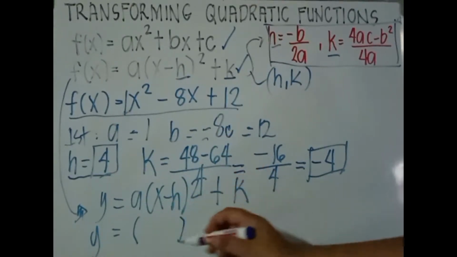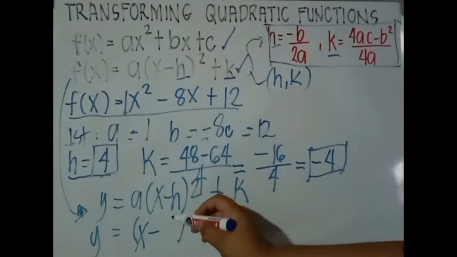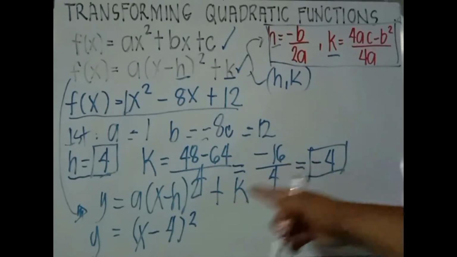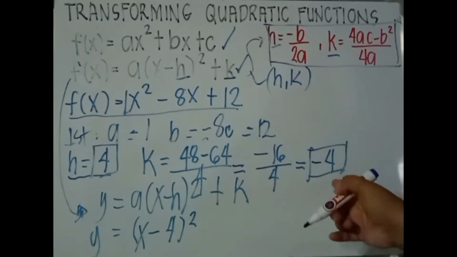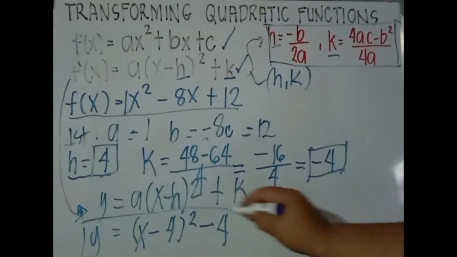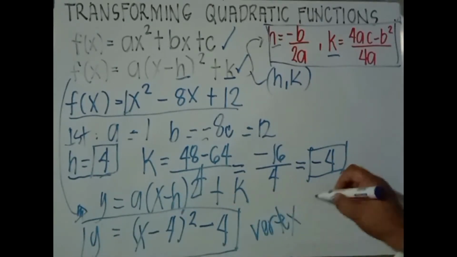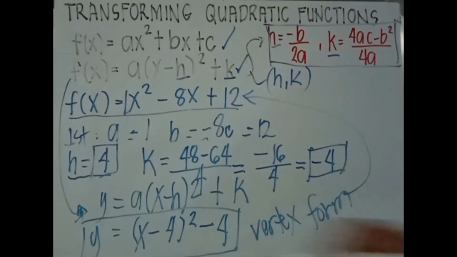Your x minus your h is x minus 4, squared. And then since that is addition, but you have a negative sign, you will just carry the sign, so minus 4. So there you go. We already got the vertex form of your general form. That's how you transform general form to a vertex form.